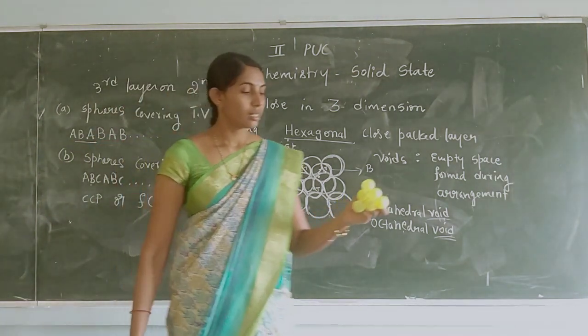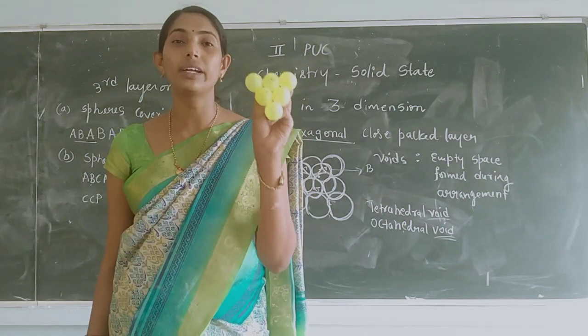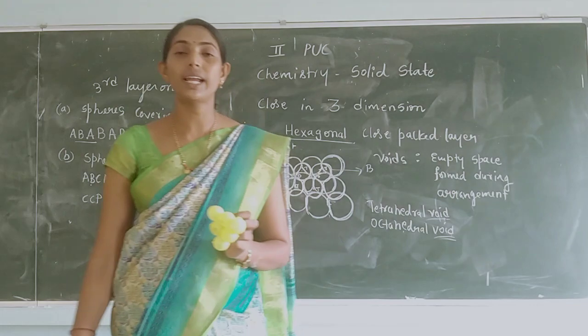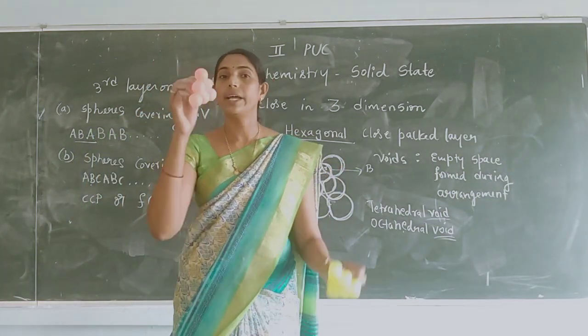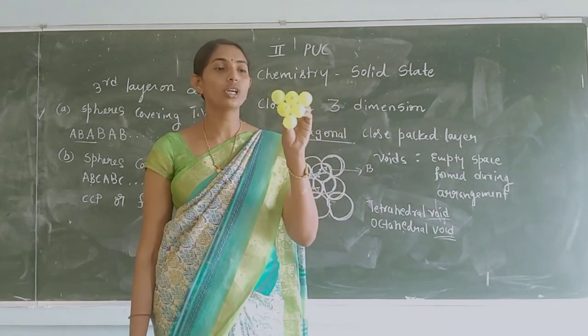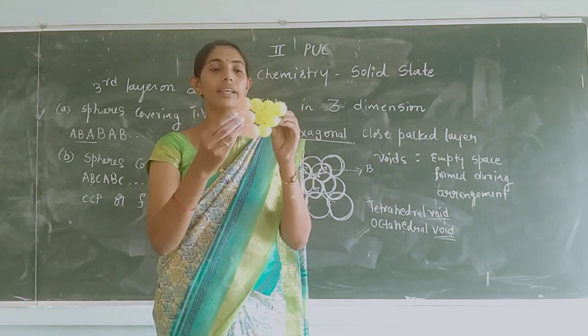Okay, see here, this is the first layer, sphere covering the octahedral void. It is also called the FCC lattice. In the FCC lattice there are atoms at the corner and also at the center of each face. Okay, so this is your first layer. This is your second layer.